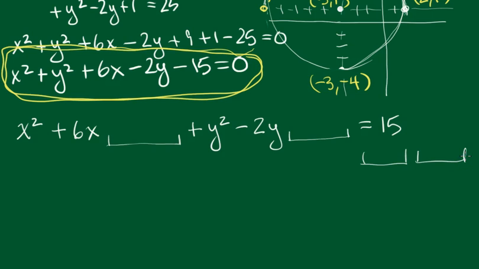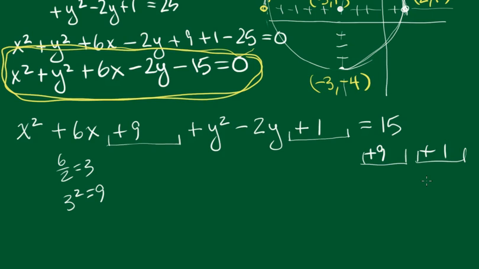This is a variation. So let's see, over here, 6 divided by 2 is 3. 3 squared is 9, so I'm going to add 9 on the left. And instead of subtracting 9, I'm going to add 9 on the right. Now I've done the same thing to both sides of the equation, so everything is still in balance. I add 1 here, I add 1 to the other side of the equation.